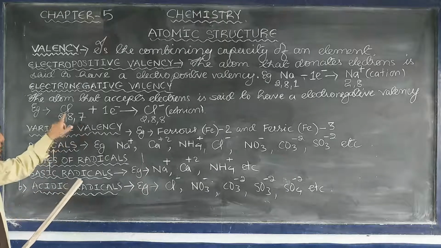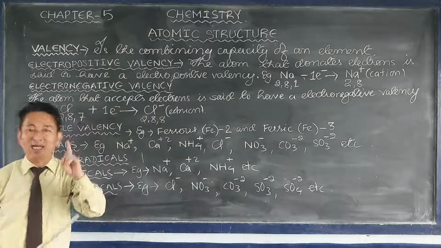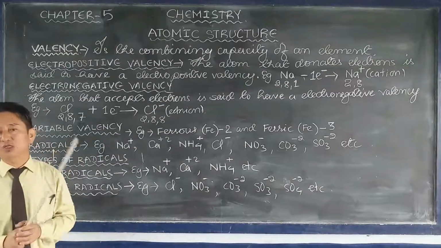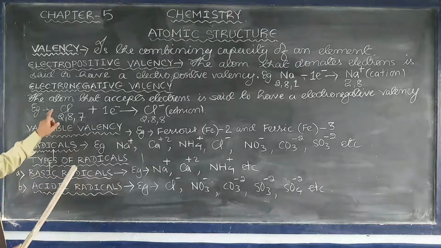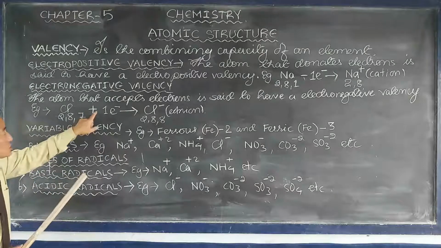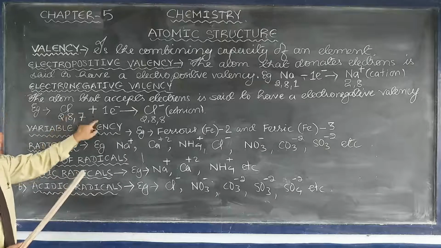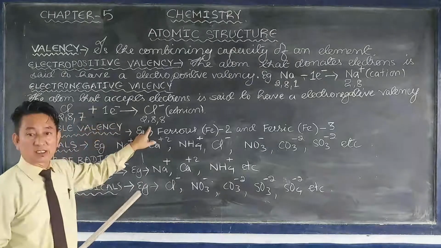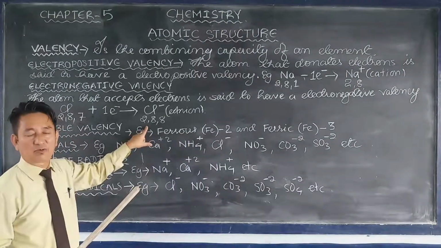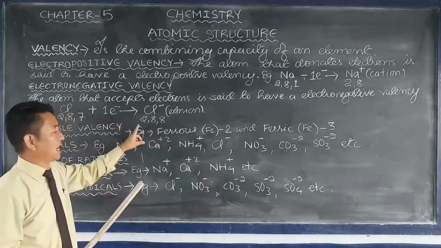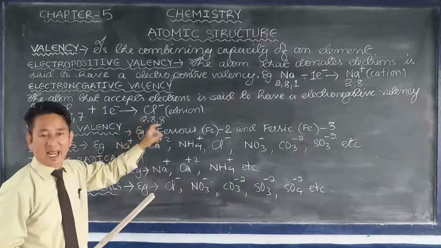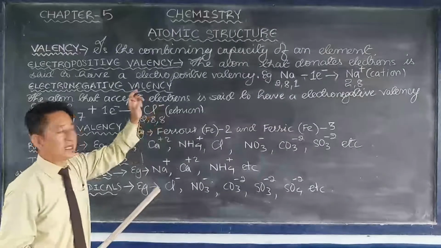And this chlorine atom needs 1 electron to acquire the stable electronic configuration of the nearest noble gas, argon. So the chlorine atom has a tendency to gain 1 electron. After gaining 1 electron, it acquires the stable electronic configuration of the nearest noble gas argon, whose electronic configuration is 2, 8, 8, and possesses 1 negative charge.